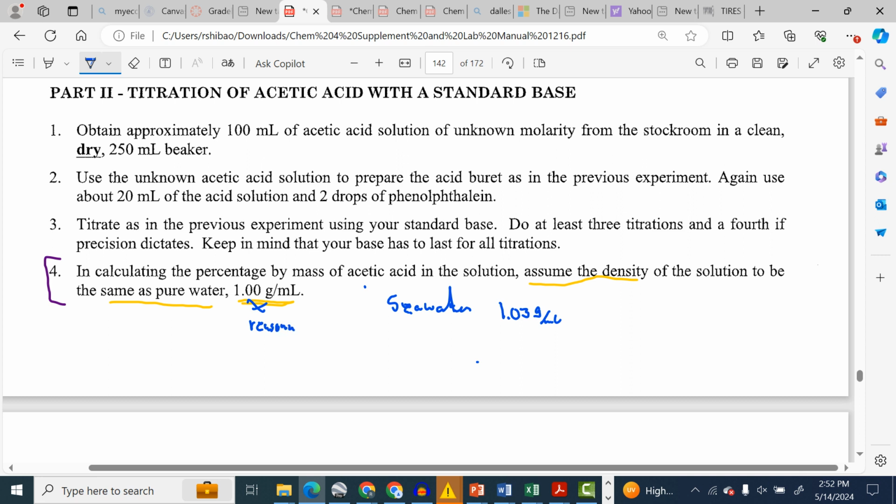Of course it would be better if we had the density. But it's reasonable, though we can expect an error, maybe 1 to 2% error. All right, so would you rather have an answer with 1 to 2% error or no answer at all? Yeah, an answer with 1 to 2% error is much better than saying, well, we can't calculate it, and leaving it blank.